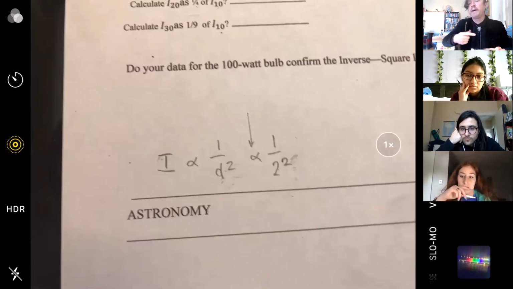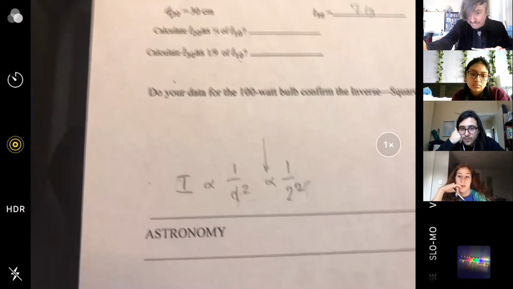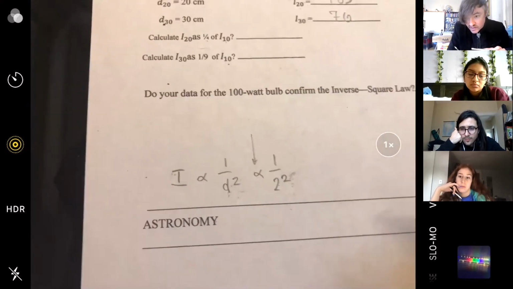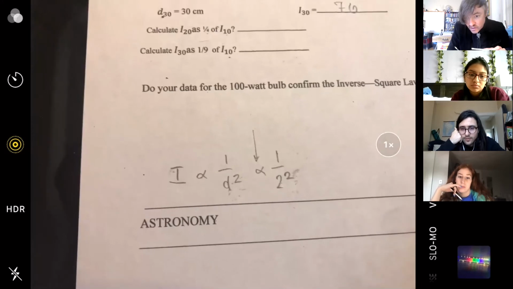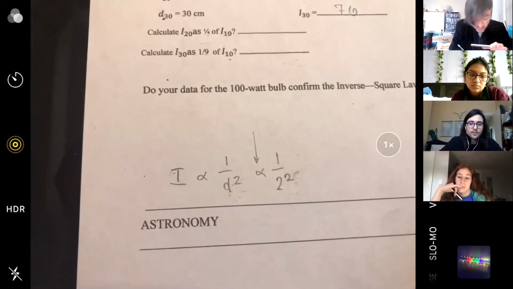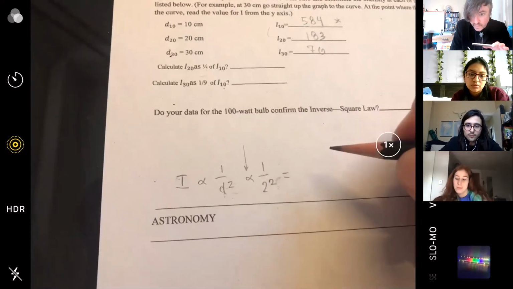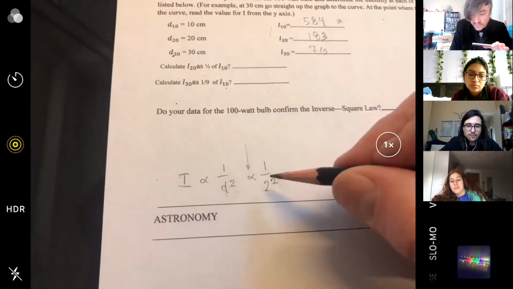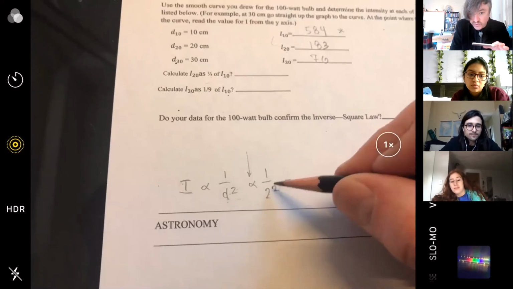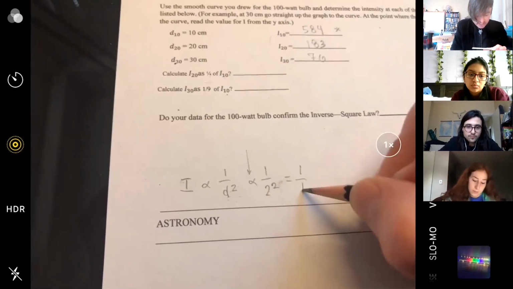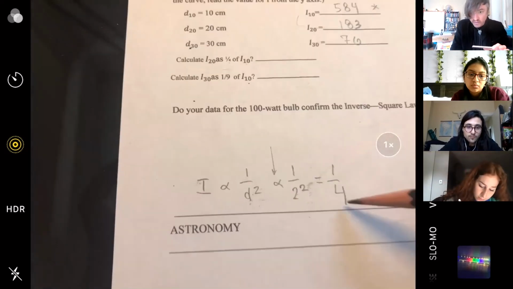So if I change the distance by a factor of 2, the intensity should drop not by 1/2, but by a square. 1/2 squared. What is 1/2 squared? Is it the square root? No, it's the square. The square is different than the square root. What is 1/2 squared? 1/4. Thank you. This suggests that the intensity should drop by 1/4.